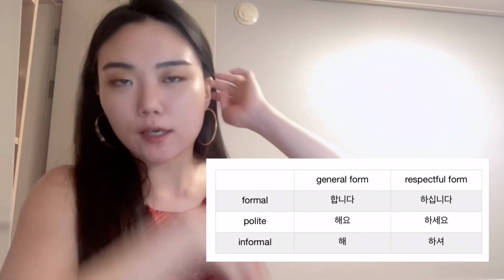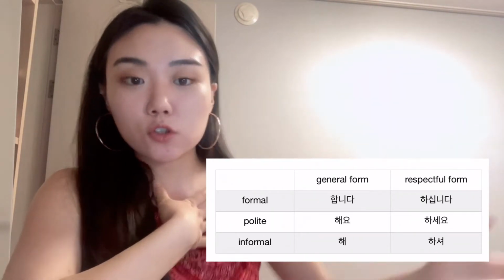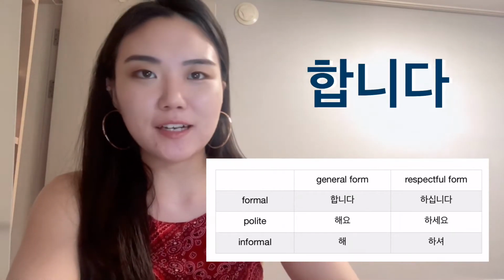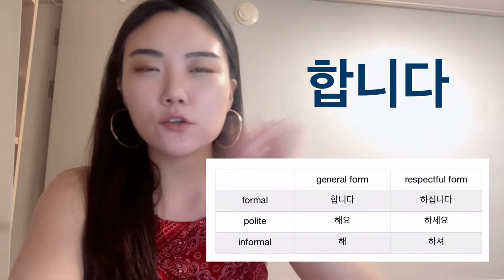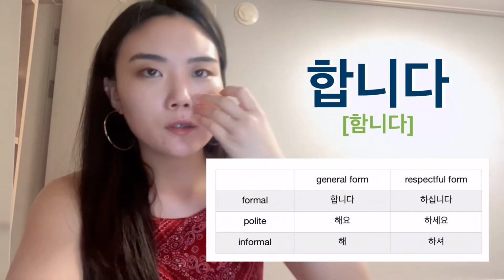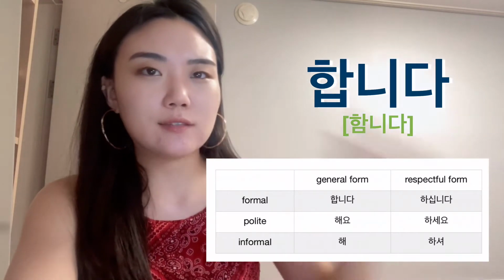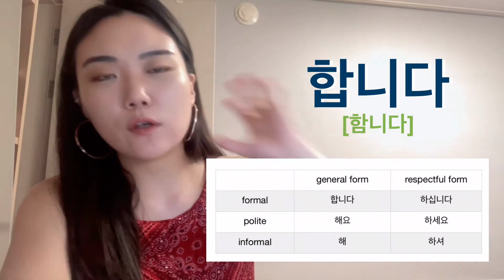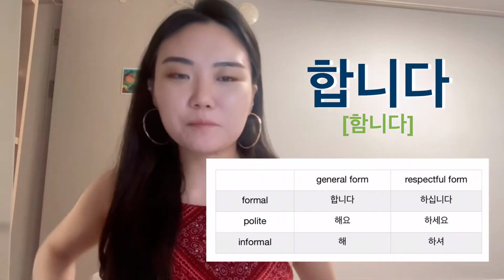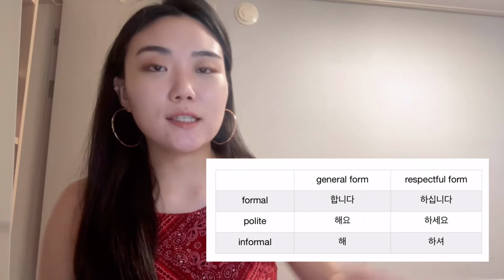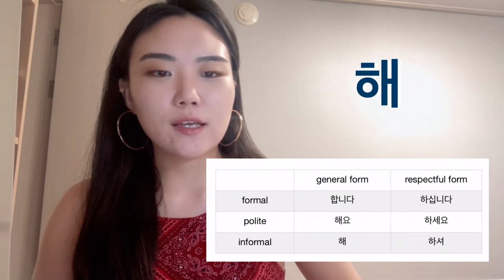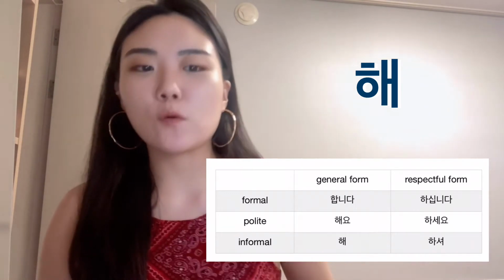So when you say I'm doing something or I do something, formally speaking, you'd say 합니다. Here you write it with a B sound, but it sounds more like an M, especially when you put it in a sentence. So it's a sort of phonetic rule to make it easier to pronounce. So 합니다. And 해요 is the polite form, and 해 is the informal way of speaking.